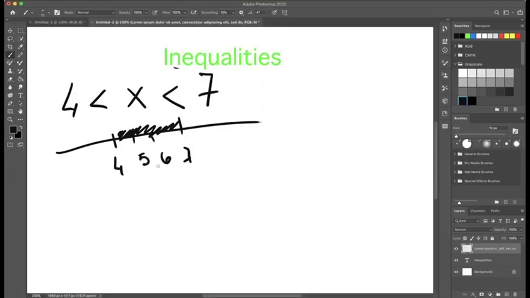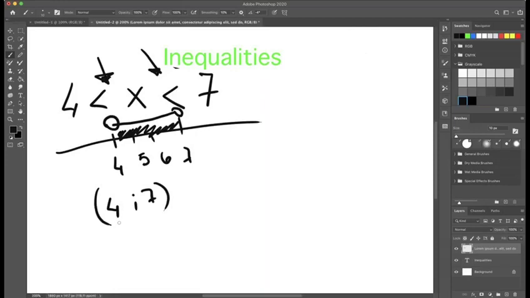And now the important part of this topic: 4 and 7, are they included or not? No. Why? Because it's an open interval. So empty circle, empty circle. My answer from 4 till 7 is the interval.